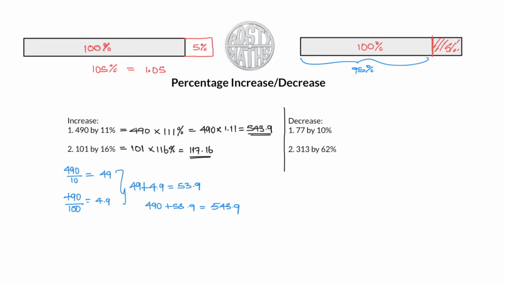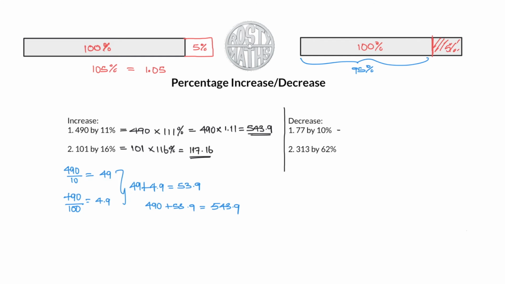All right, let's move on to decreasing percentages, and we do the same thing again. So judging from what I explained up here, if I've got this and we decrease it by 10%, it means that 10% is taken off. If 10% is taken off from 100%, it means that we've only got 90% left.